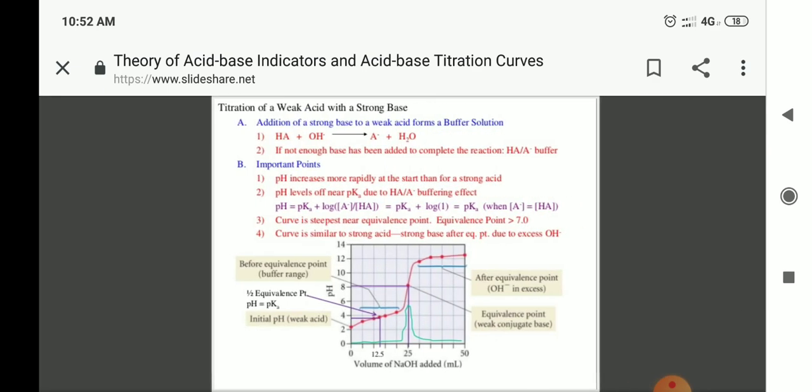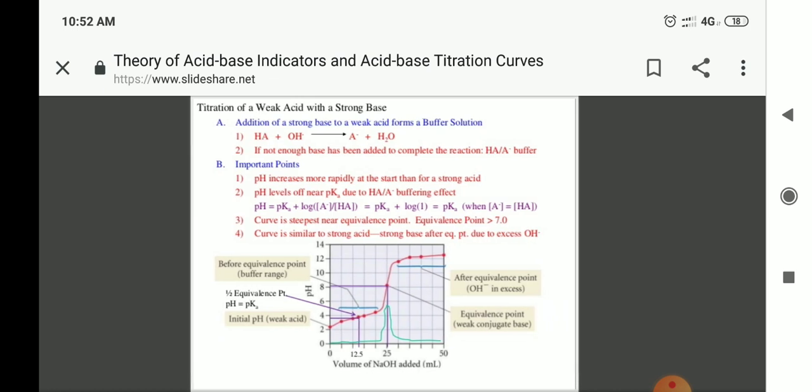Next is the titration of weak acid and strong base. The addition of a strong base to a weak acid forms a buffer solution: HA plus OH- gives A- plus H2O. If not enough base is added to complete the reaction, HA and A- form a buffer.